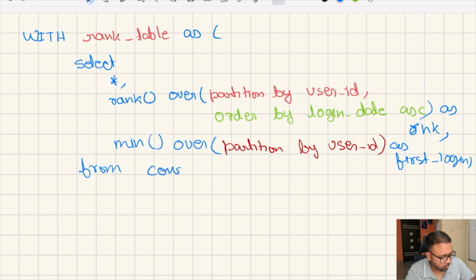What is the table name? Code, right? And then we will close our table. This particular statement will create one ranked table, and from this virtual table we can write the query now.